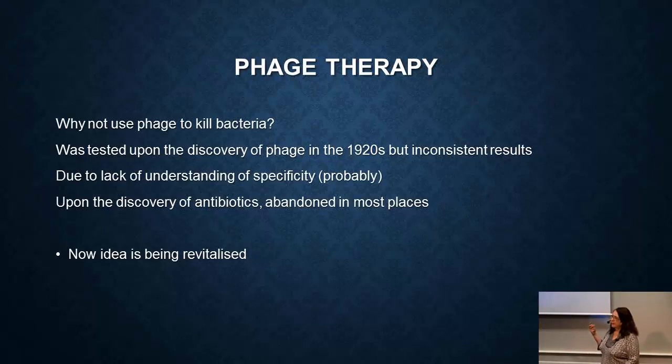For example, there is a clinical trial being done in the EU for patients that have burns, to try to prevent bacterial infections by treating them with phage on the surface where their burn is. And that's ongoing now.